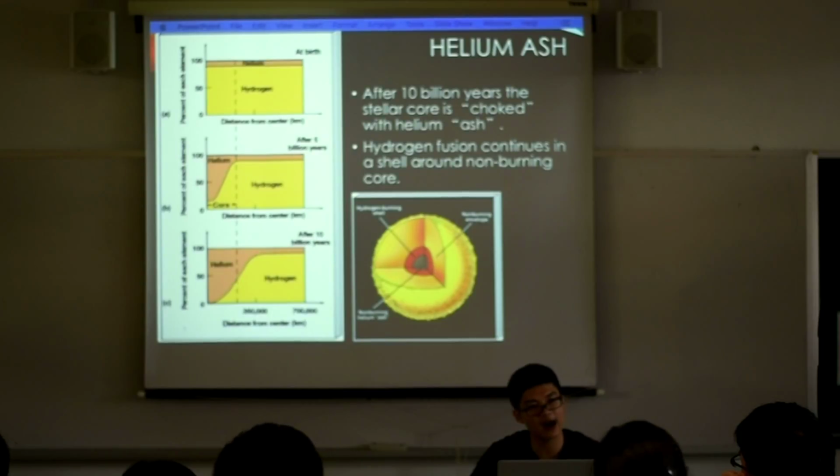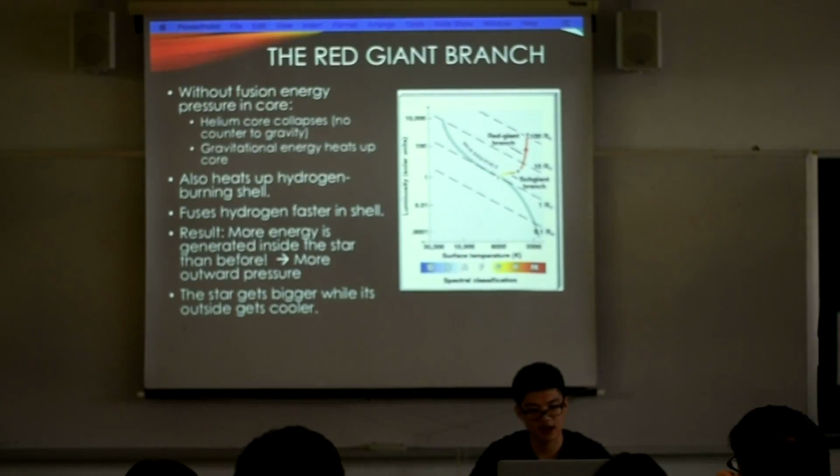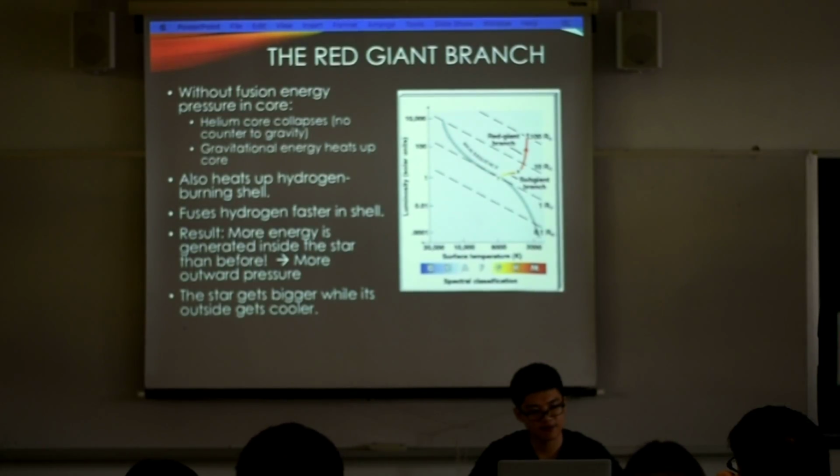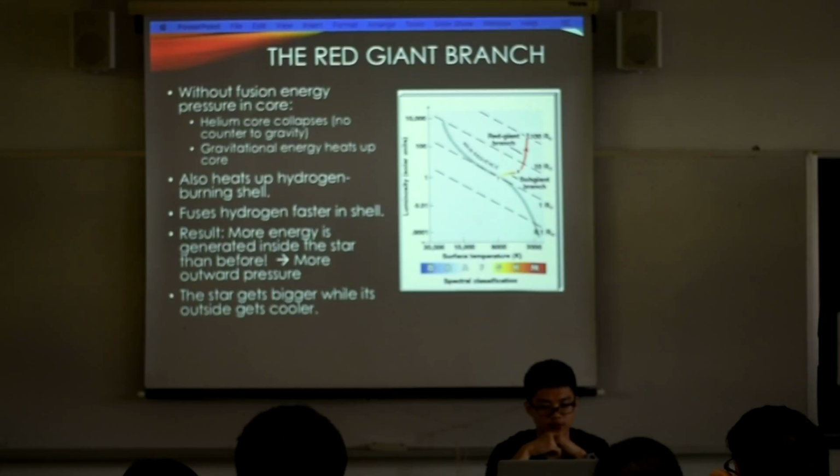At the point when hydrogen in the core cannot sustain nuclear fusion, there's no energy produced by the star, so it leaves the main sequence. After which, because there's no pressure, the core will collapse, and the gravitational energy heats up the core. It also heats up the hydrogen shell.